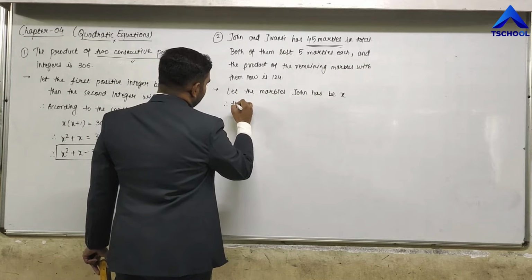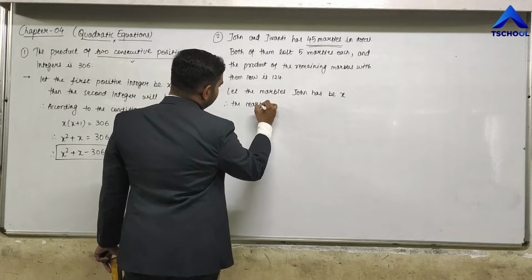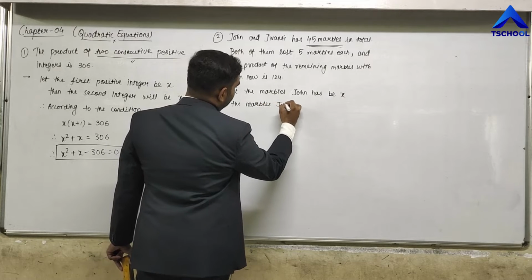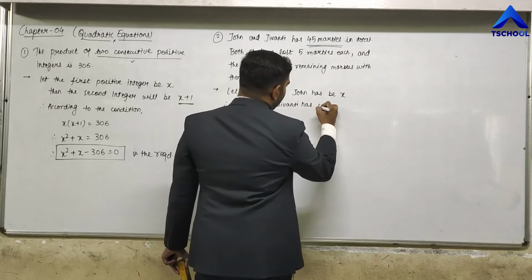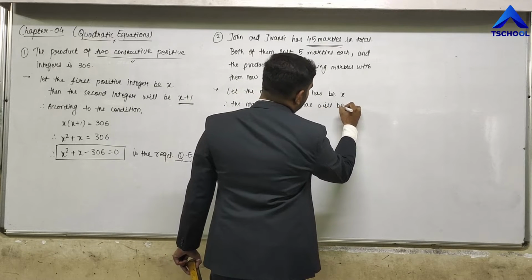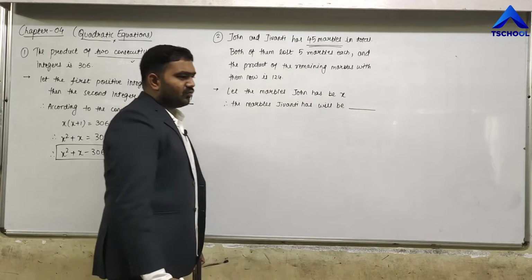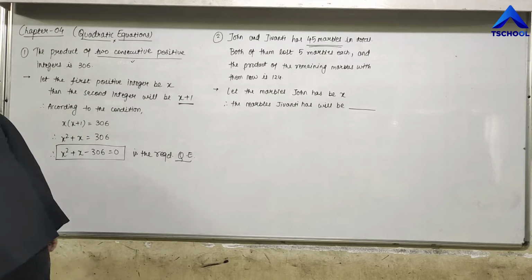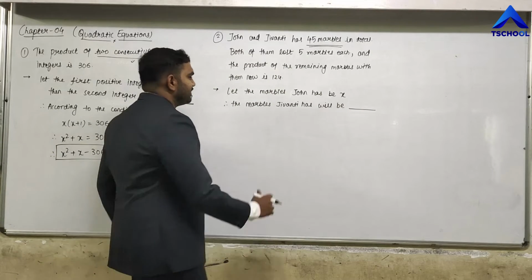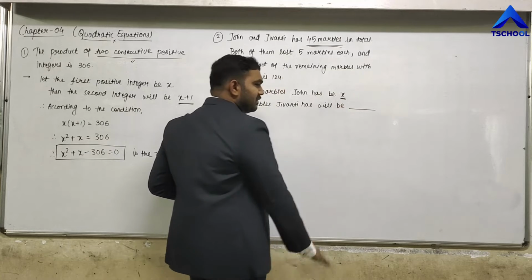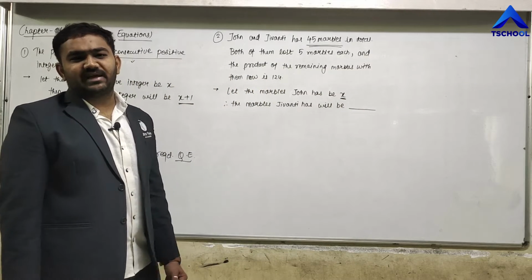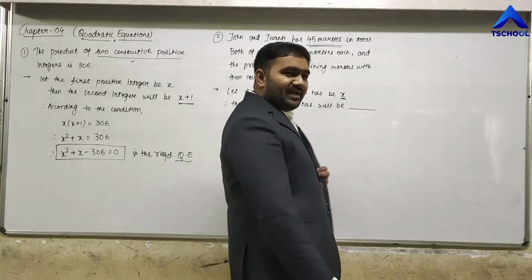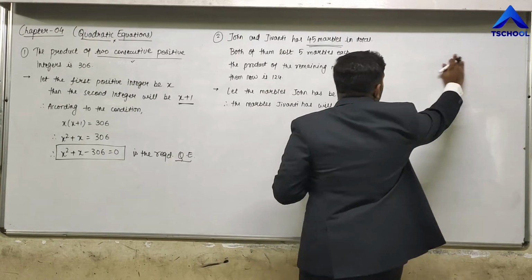Therefore the marbles Jivanti has will be dash. So what do you think about this? How many marbles will Jivanti have if John has x marbles? For this you need to understand the condition that John and Jivanti in total have 45 marbles.